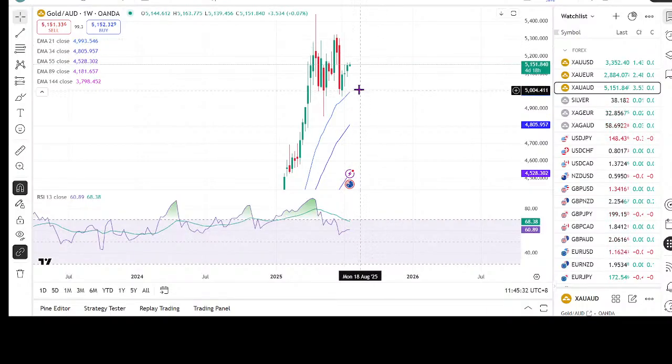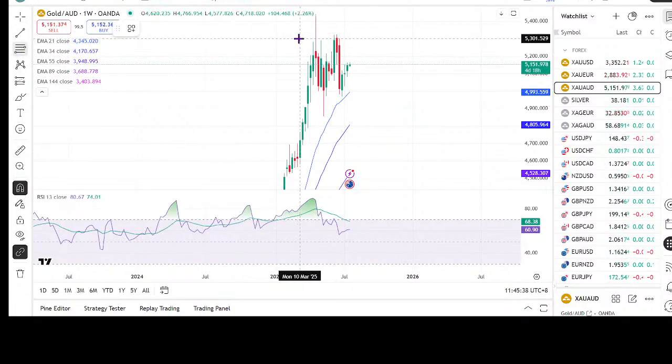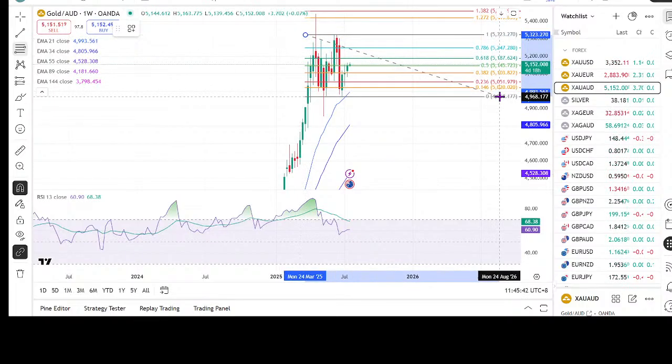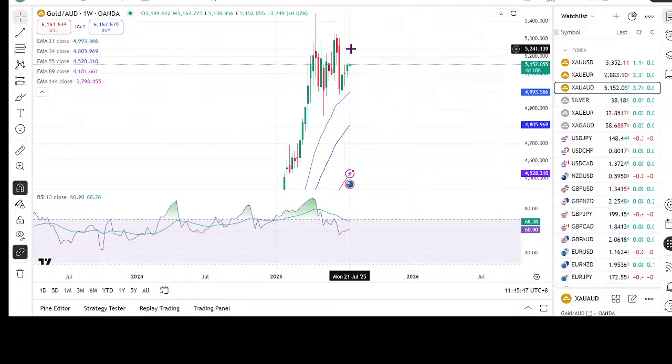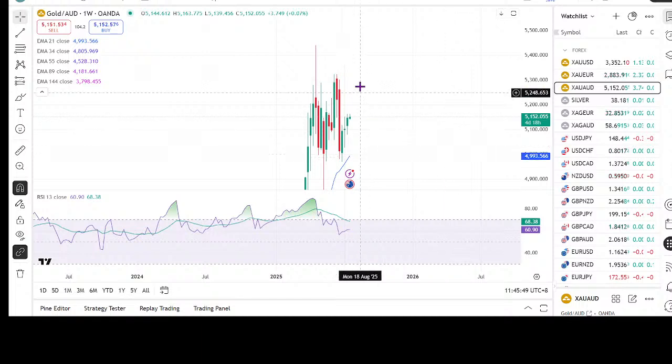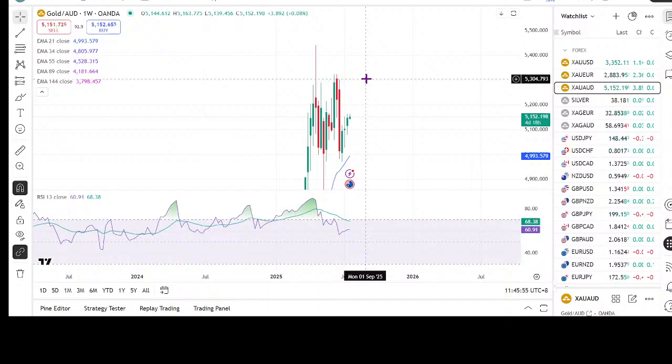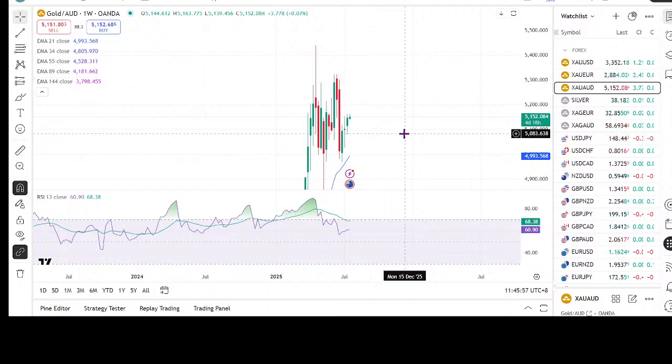So that means our final target should be 5300 or the 786 retracement of that level, which is 5245. Okay, so as of now we will take the target at 5245 and 5300.